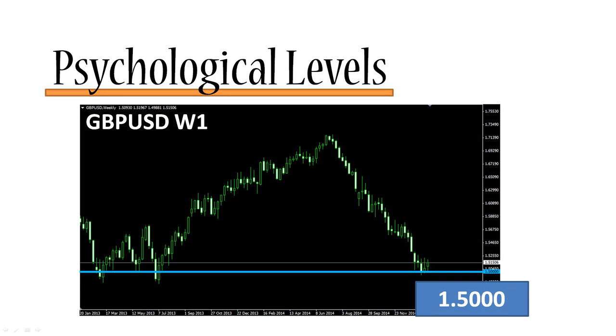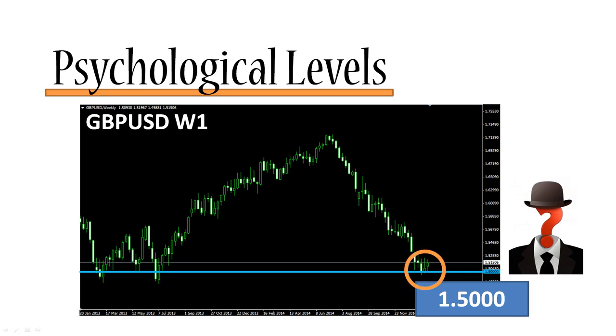Let's have a look here closer. As we discussed, traders don't know what's going to happen, and these kinds of round numbers play with their heads. They're anticipating some sort of reaction on the market, and generally the price goes into consolidation for a certain period of time. Here you can see that's exactly what happened. Before the price reached this level, we had six bearish candles in a row. You see those six white candles going down?